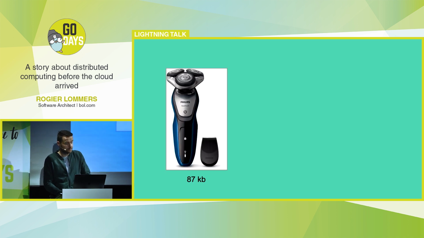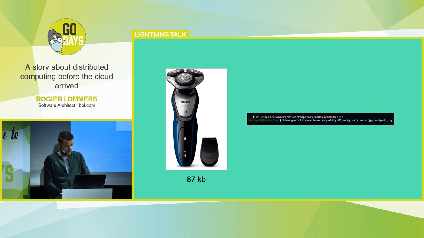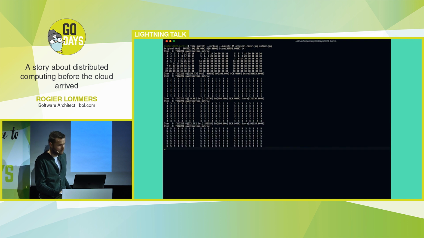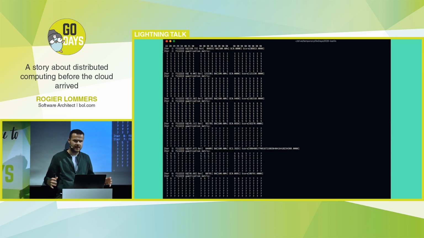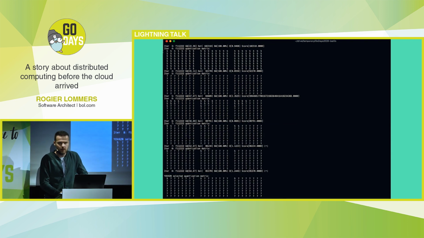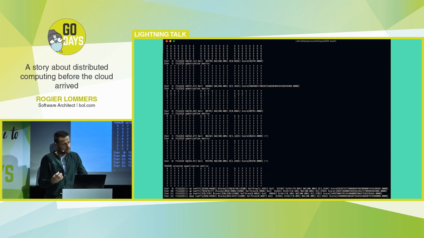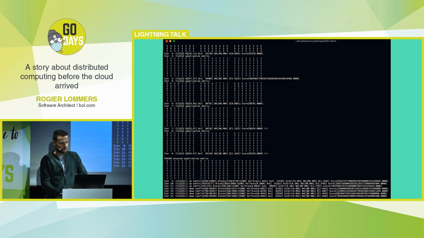So let's try it. Take this original Philips image, open a terminal and apply the Guetzli algorithm. See what happens. Guetzli is running now, and all kinds of magic happens. Data science models are applied, all doing fancy image stuff without reducing the perceptual quality.